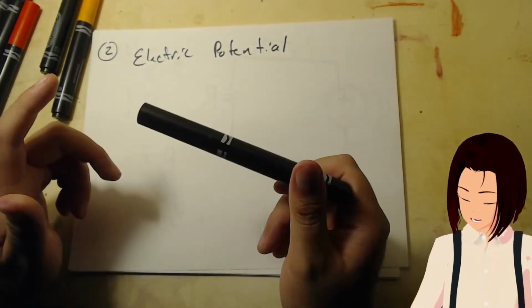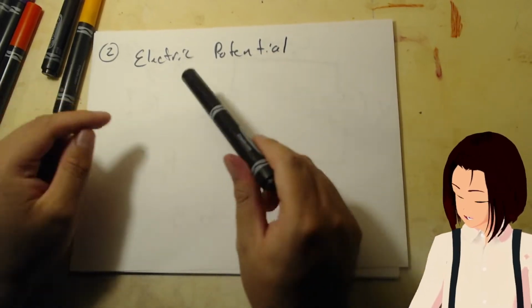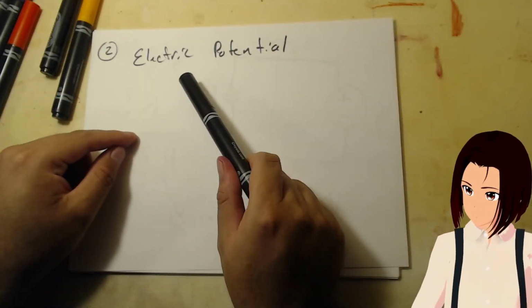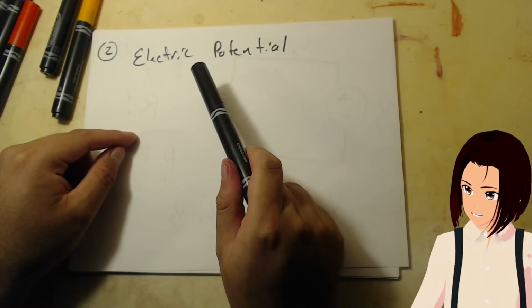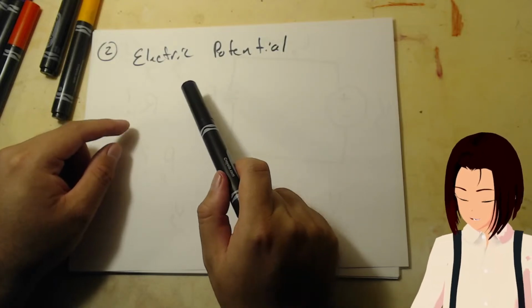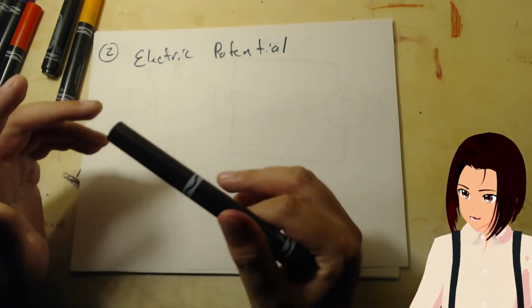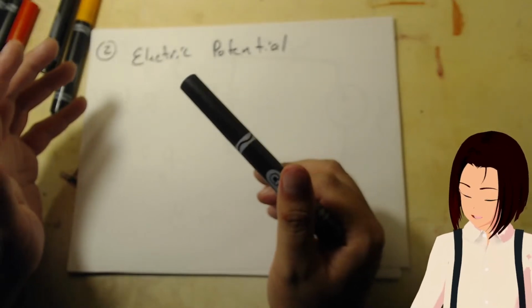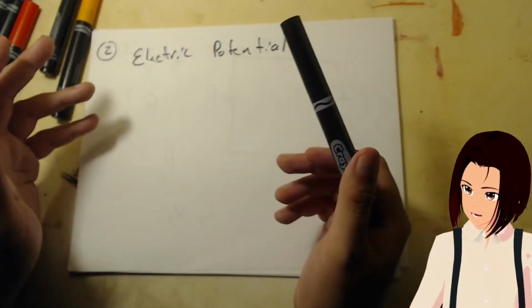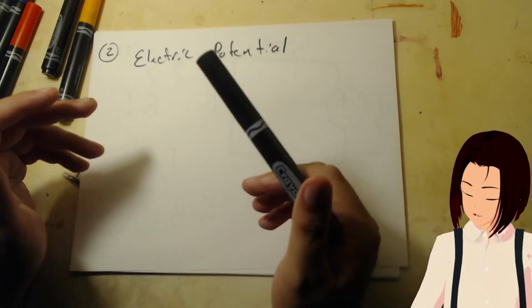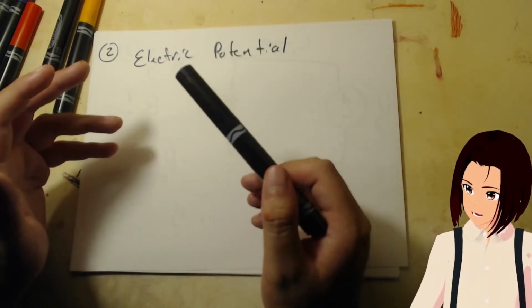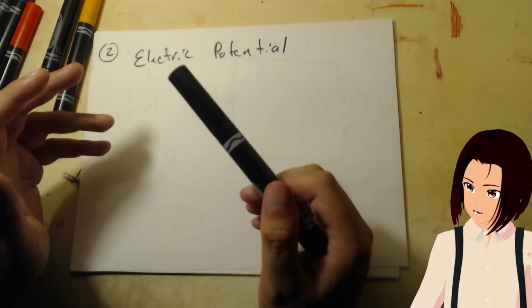So roughly speaking, electric potential is the same idea, but we're doing it with charge. If we can harness that idea, we can use it to power our electronics.